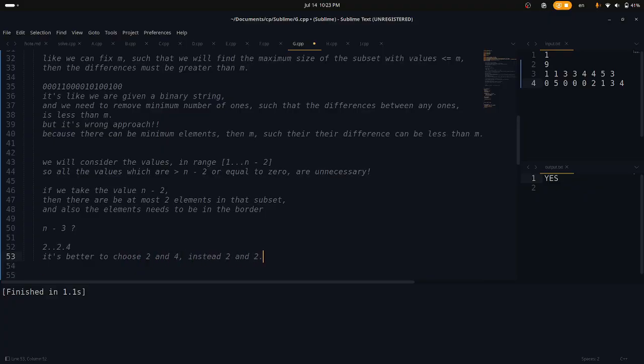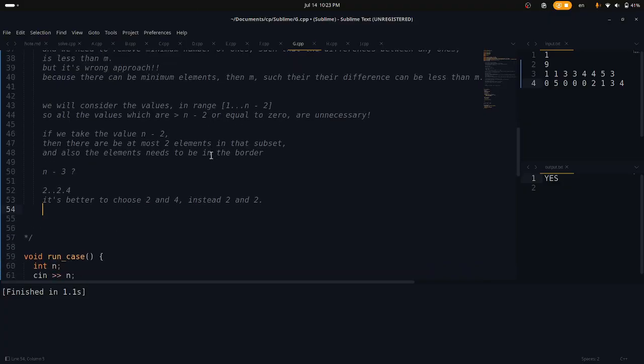2 and 2. Is it? No, not always, because maybe you can choose, no, it is, I think.